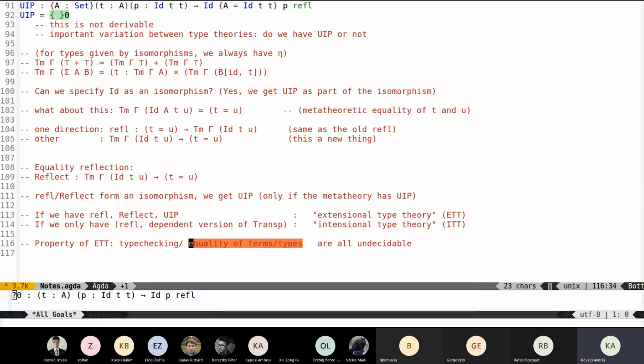Of course, if equality of terms and types is undecidable, then type checking must be undecidable as well, because in type checking we sometimes have to compare terms and types for equality. Okay, and why is this the case? Why is ETT undecidable?